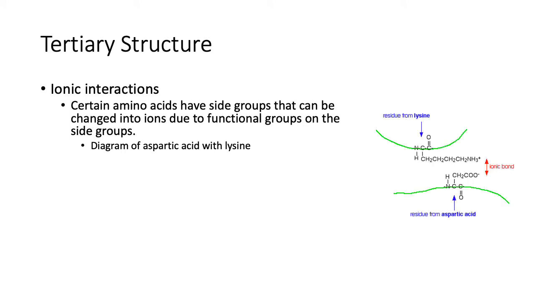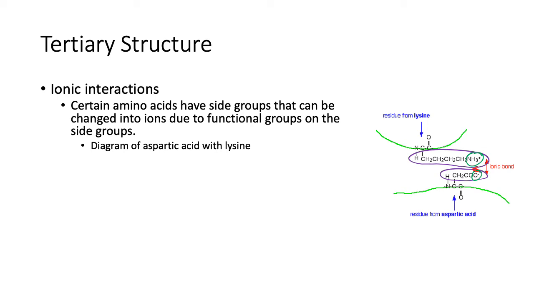So there's the lysine side chain, and then the aspartic acid one is here. This one forms the COO minus, and that forms NH3 plus, and so therefore they're going to have an ionic interaction, an electrostatic attraction, between the positive and the negative.